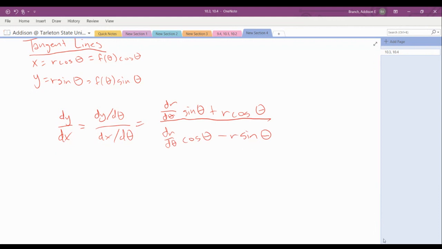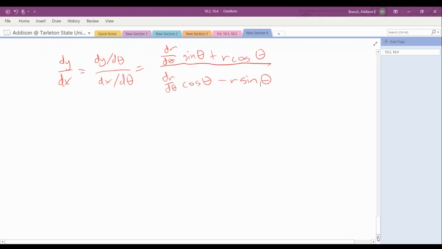So when we're doing tangent lines, essentially it's kind of the same thing we did last week. It's just that this formula is a little complicated. It can get messy to work with, but it's not super hard usually.